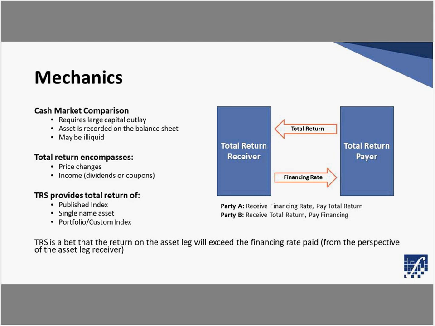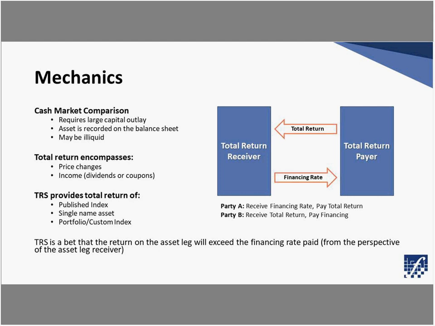In the big picture, what a TRS is, is that the return on the asset leg will exceed that financing rate. And because it's a swap and the cash flows are netted, you will be left with a cash inflow for every period that that relationship does hold.